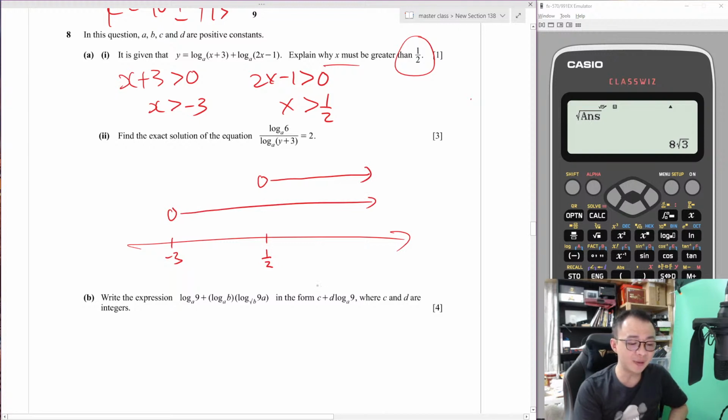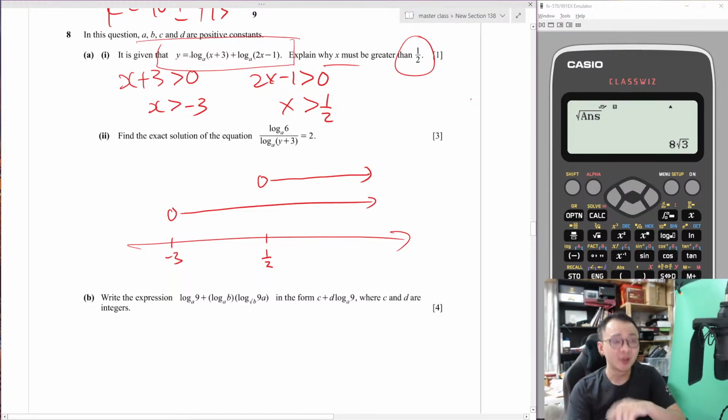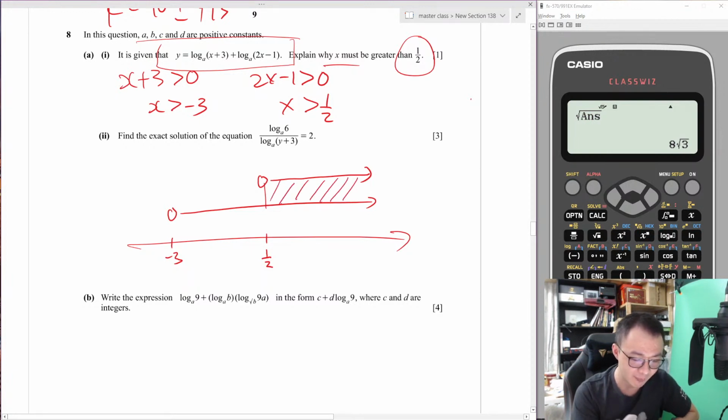Because this is in the same question, you want to find the area where both of them overlap. So where they overlap, it is only here, isn't it? Let's say we have a number in between, like 0. If you substitute 0 into the first one, you will not get a math error. But if you substitute into the second one, you get a math error, because log of negative 1 is a math error.